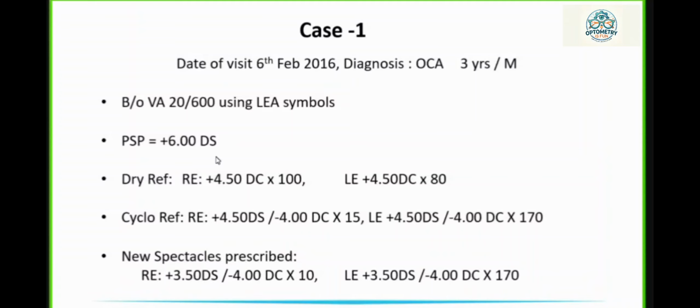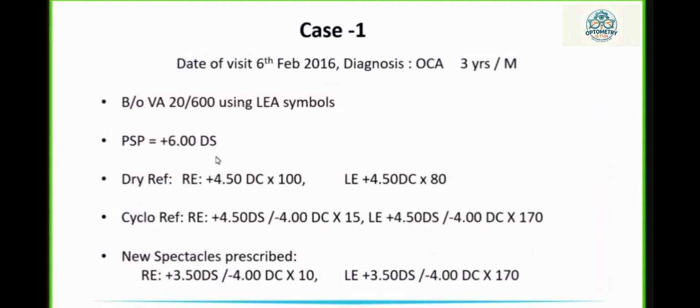Okay, and this is the dry refraction value that you are seeing, plus 4.5 diopter cylindrical at 100 axis, and similarly in the left eye plus 4.5 diopter cylindrical axis 80. And these are the cycloplegic refractions that you are seeing here. Subjective was not possible at 3 years of age, so check the subjective response there.